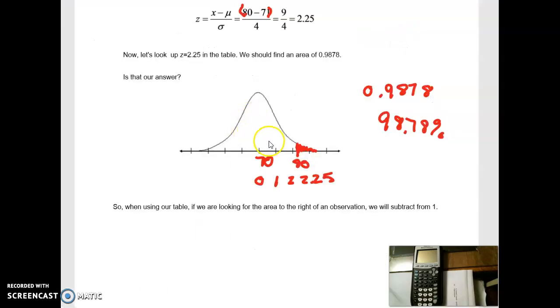So what that 98.78 is, is this unshaded area. We don't want that area. We want the shaded area. So to get the shaded area, the whole curve is equal to 1, we just subtract 1 minus 0.9878.